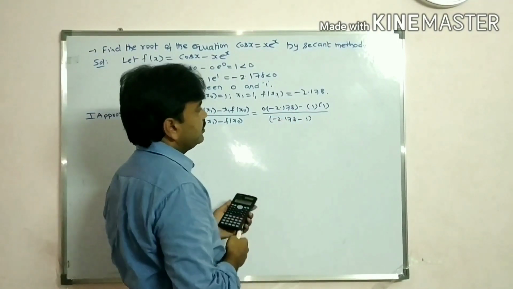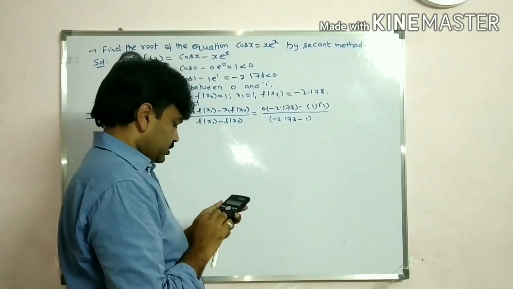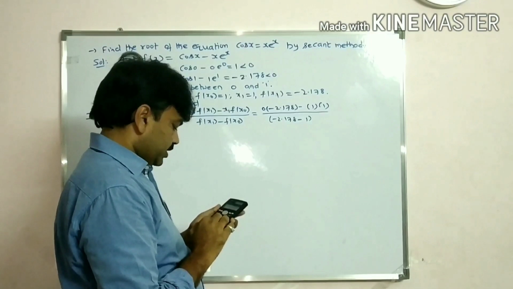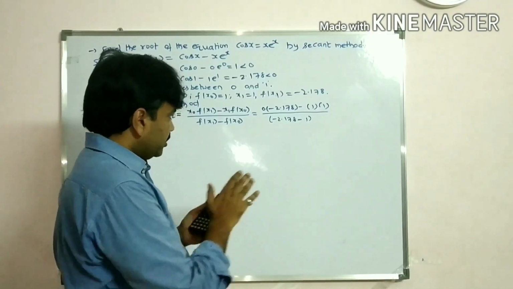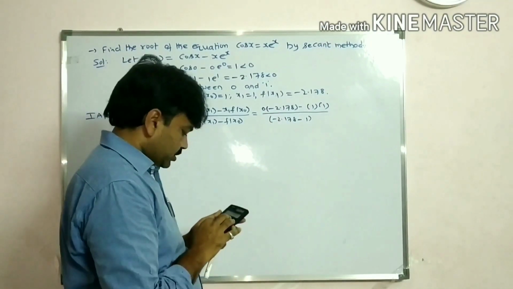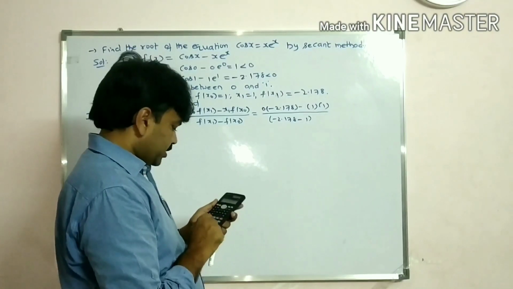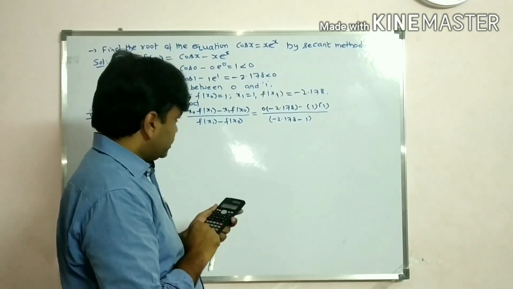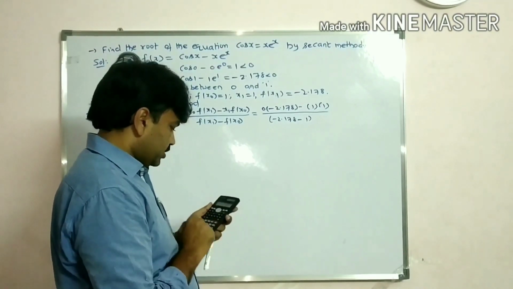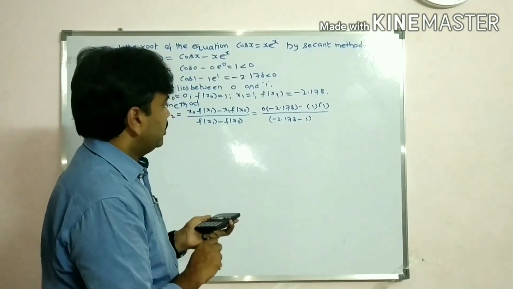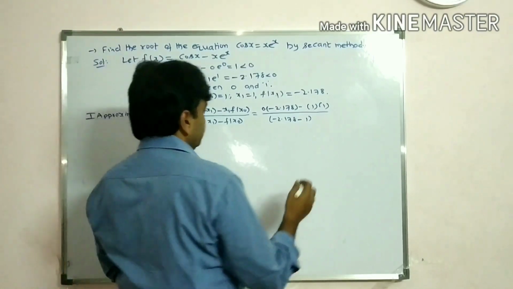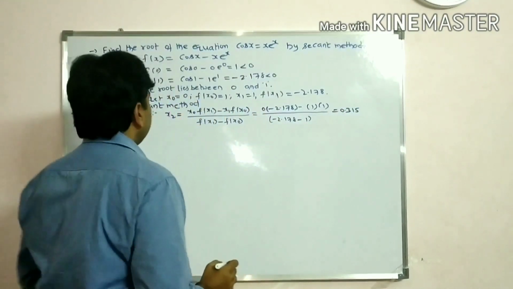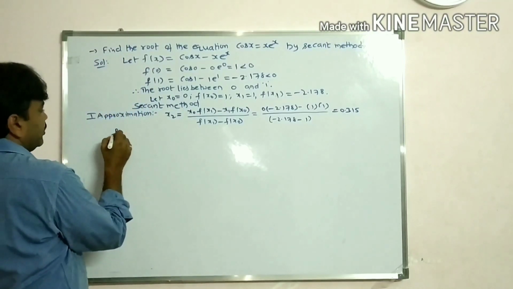So minus 1 divided by, the denominator contains a bracket, students, so bracket, minus 2.178 minus 1, bracket close, is equal to, we get here 0.315, students.